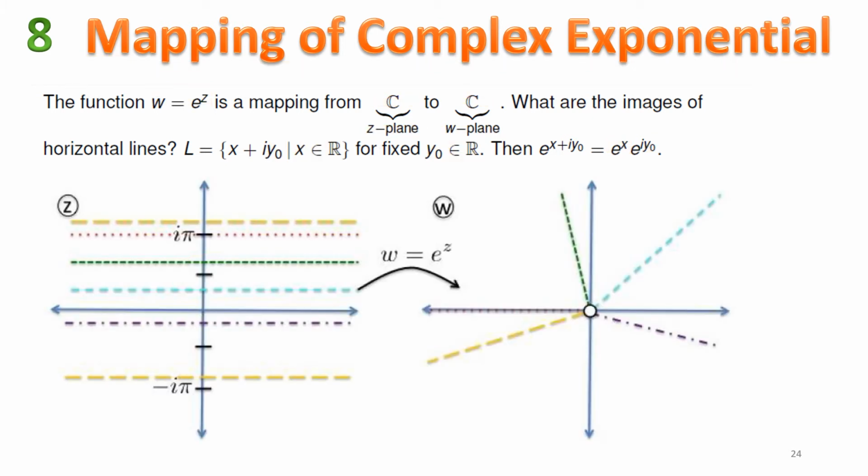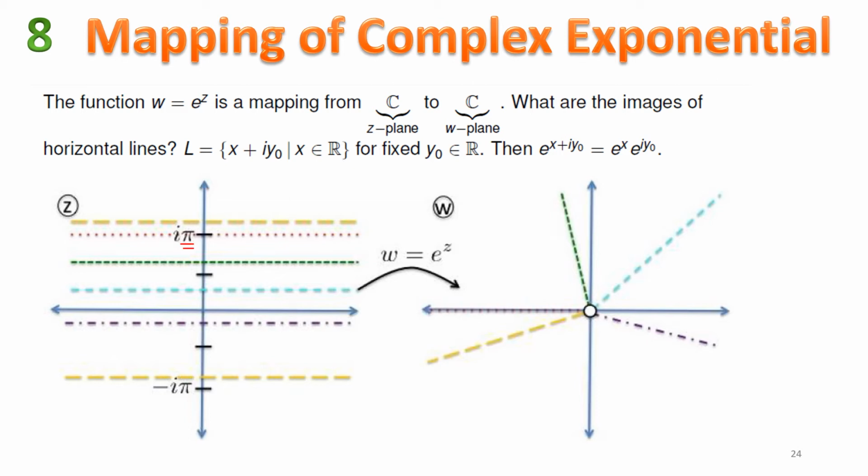Now let us try and understand that. First of all, we shall consider a line which is represented by the argument pi.